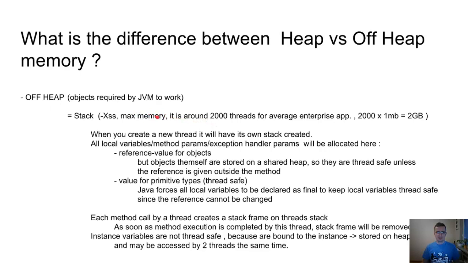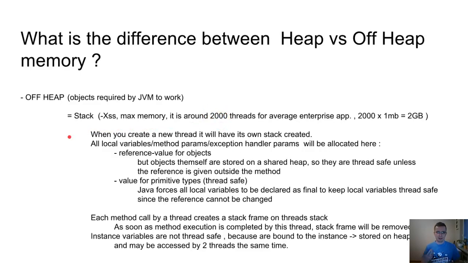The maximum memory we normally would set if we have, for example, 2000 threads for an average application, 1 megabyte per each thread, so it means that we will need 2 gigabytes of memory on the stack. Remember that on the stack we have the memory per each thread. That's why we have to multiply by the amount of threads.